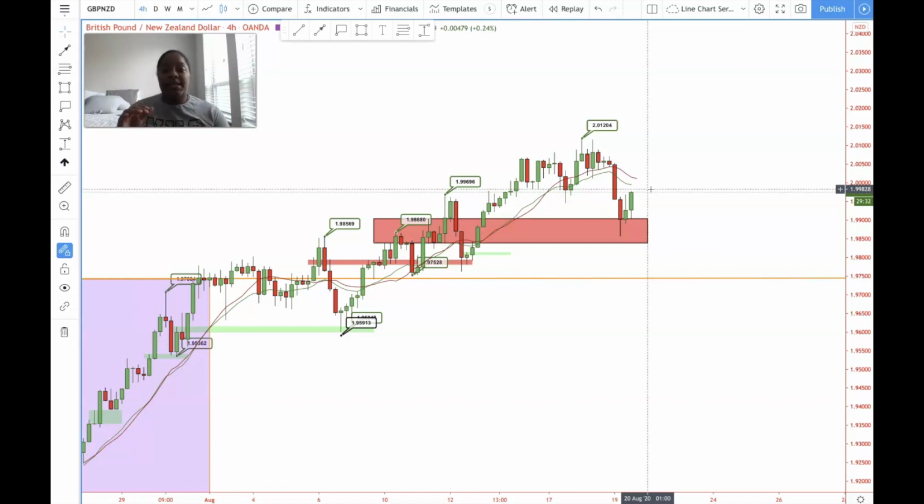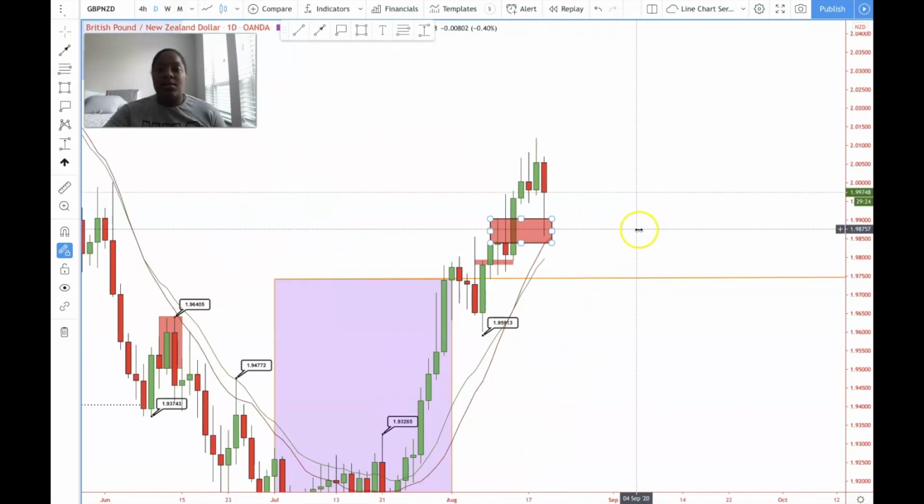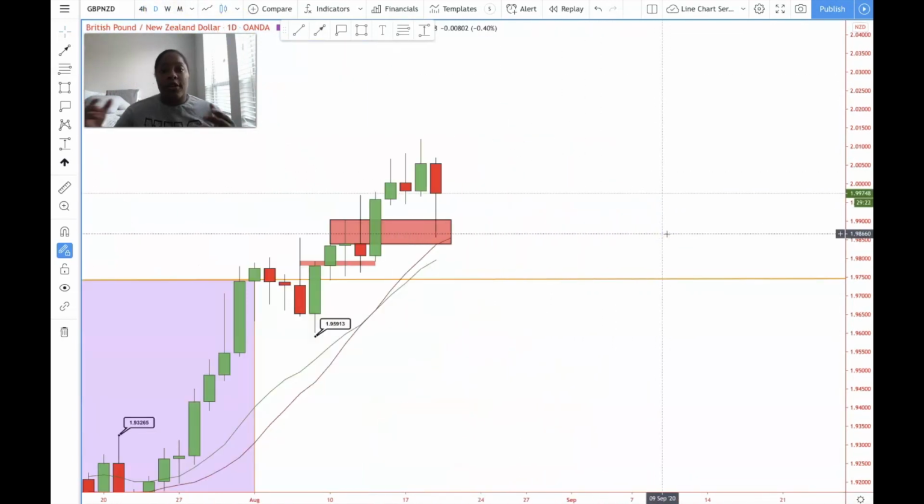So with this being said, I'm looking to see if we're going to get some more bullish push from the pound New Zealand and from this area here, and especially with the way price is closing off of my zone here. So if price can keep going up, we're just going to keep buying the pound over the New Zealand dollar. And so that's just it for this particular currency pair.